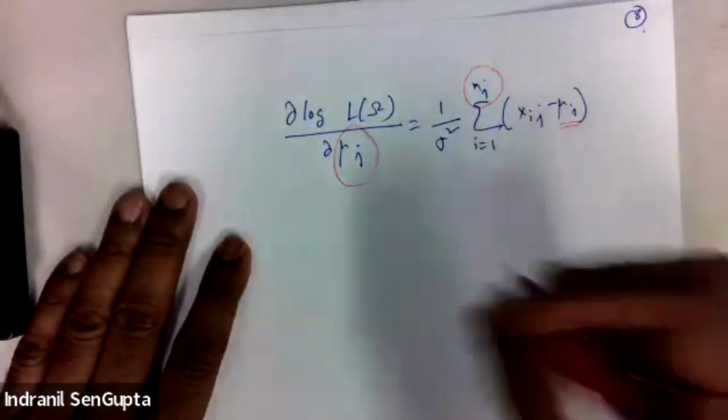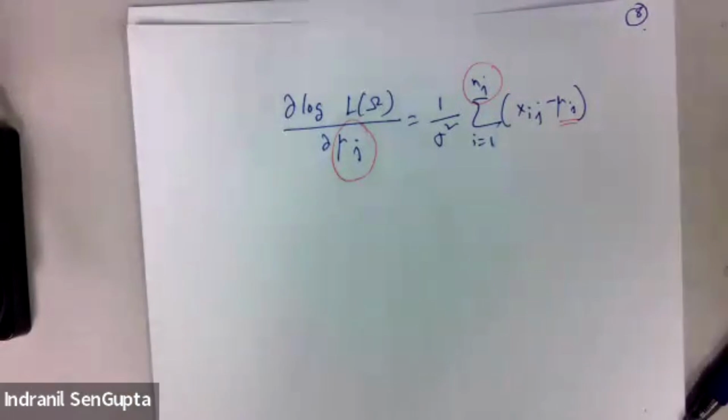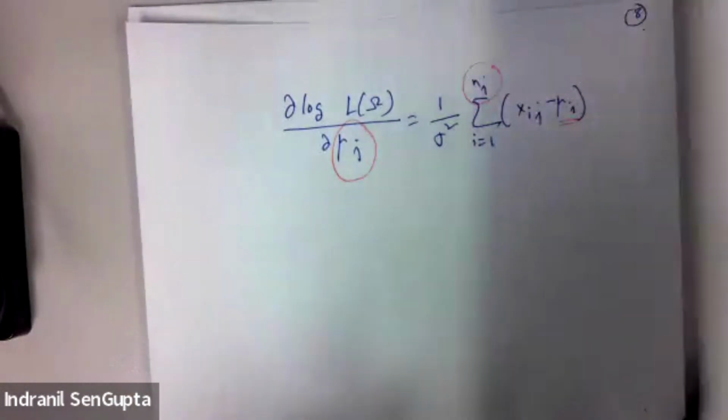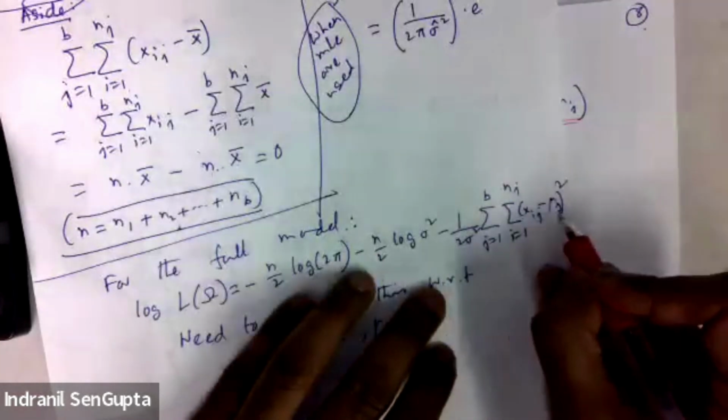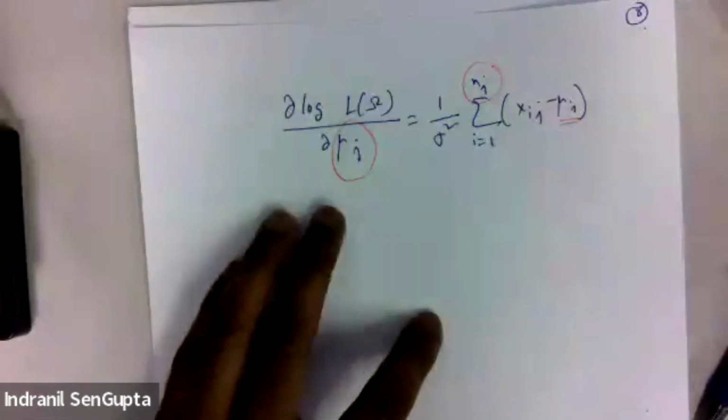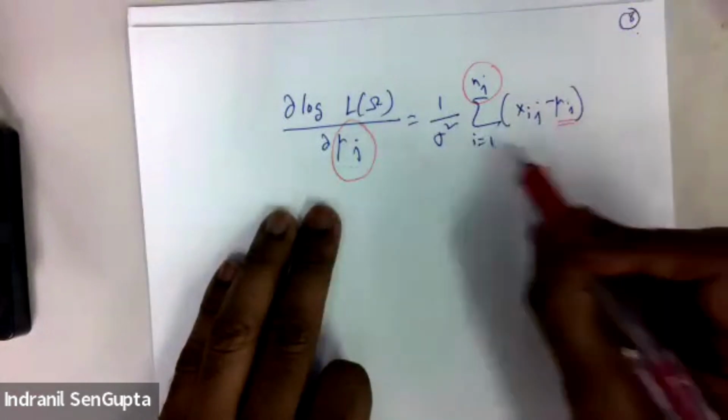Note that I'm differentiating with respect to mu sub j, so only the terms with mu j would survive. If we have other terms, so suppose this j is, say, k, when I differentiate partially with respect to mu j, it's 0.